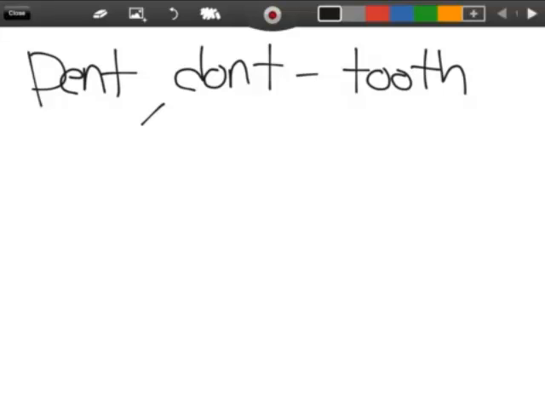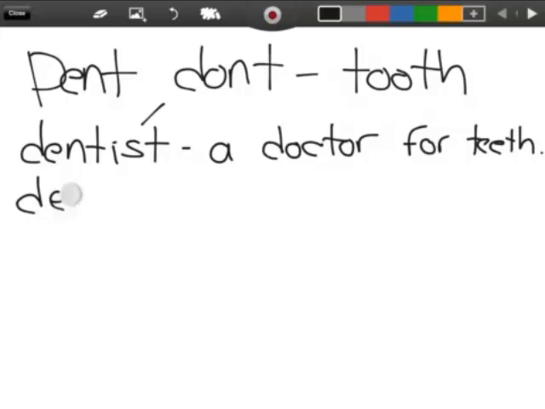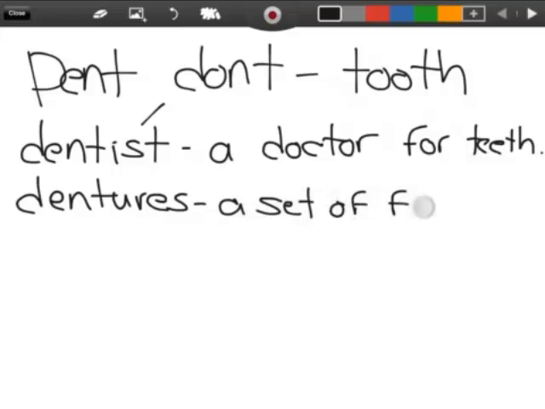First one is dentist, and the meaning of that is a doctor for teeth. My second example is dentures, meaning a set of false teeth.